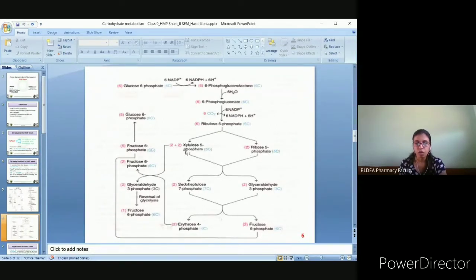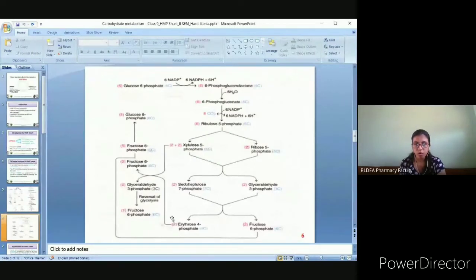Out of these 4 molecules of xylulose, 2 are utilized for reaction with ribose, resulting in synthesis of 2 7-carbon and 2 3-carbon compounds. Now these both compounds undergo reaction resulting in 2 molecules of 4-carbon compound and 2 molecules of 6-carbon compound. So overall 10 carbon compounds are regenerated.